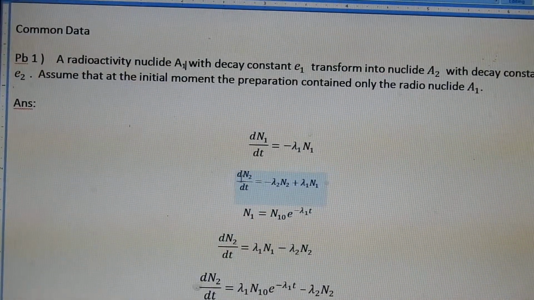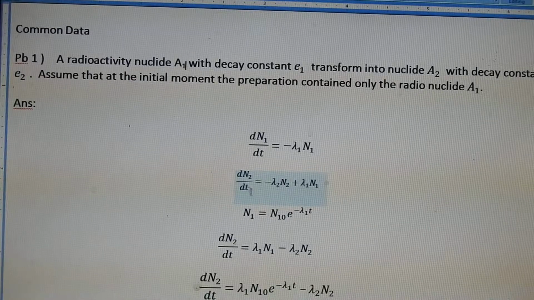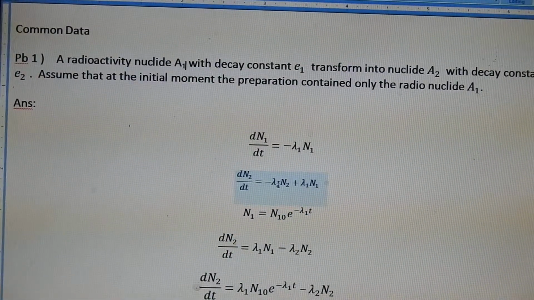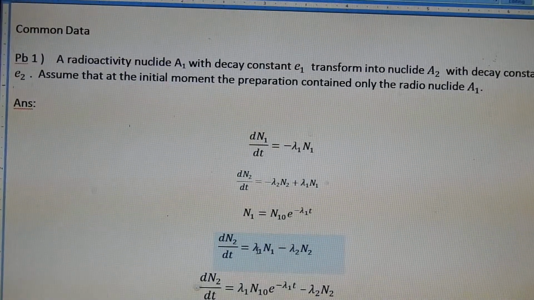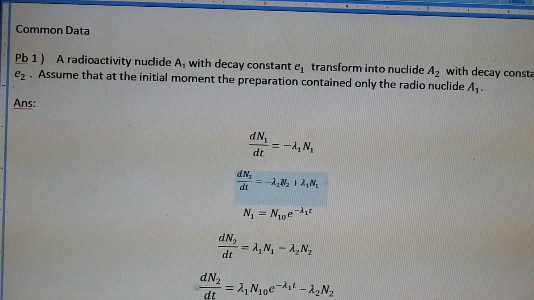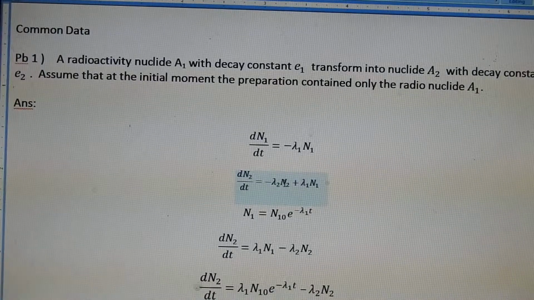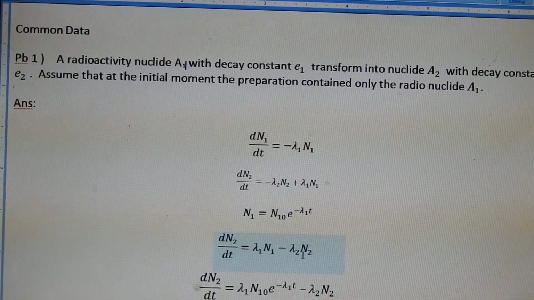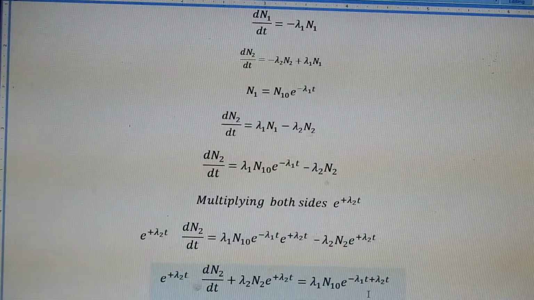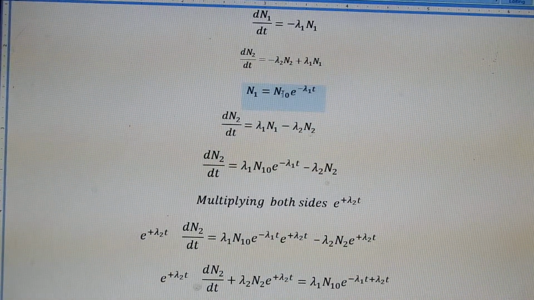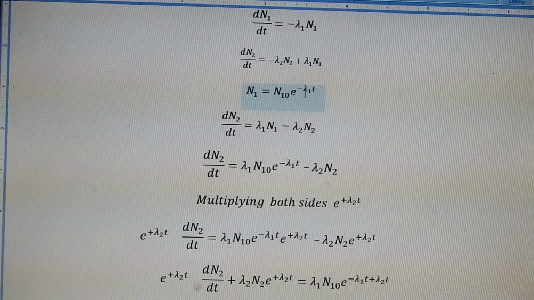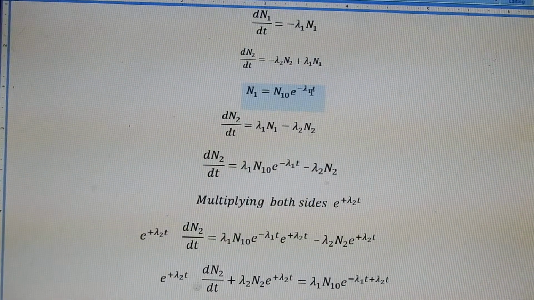So I write dN2/dt as it is, with the minus λ2 N2 term and the plus λ1 N1 term. Now carefully observe: we know N1 is equal to N10 e^(−λ1 t).